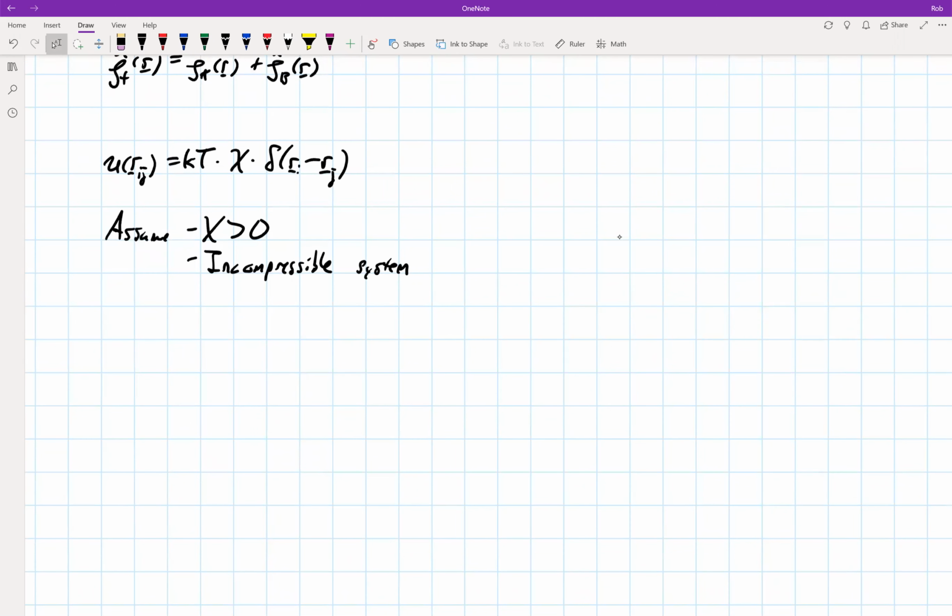All right, so with this definition, our total potential energy, beta U, will simply be chi integral dr integral dr prime rho A hat of r, U of r, and rho B hat of r prime.